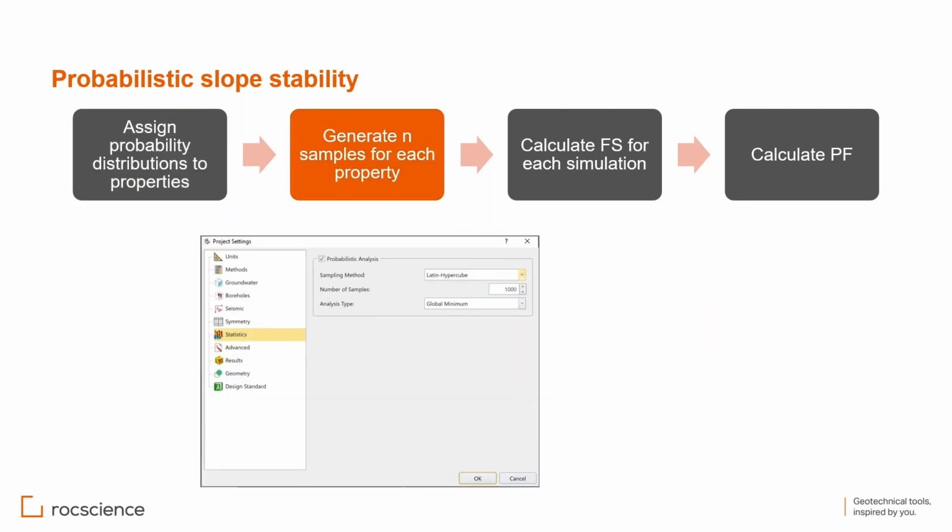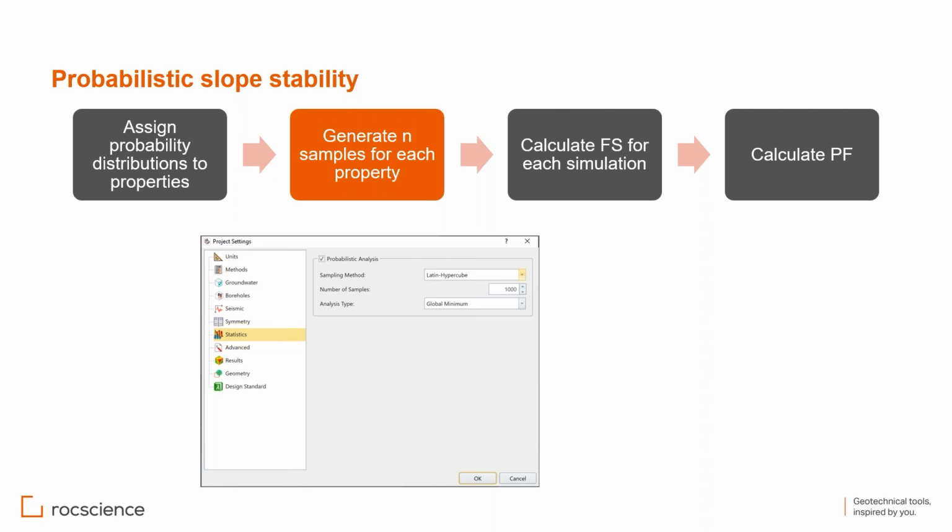After defining these statistical parameters for our input variables, we generate n samples for each property. Here we use Latin hypercube with 1000 samples and the global minimum analysis type. There are different methods as well, and we will talk about a few of them today.